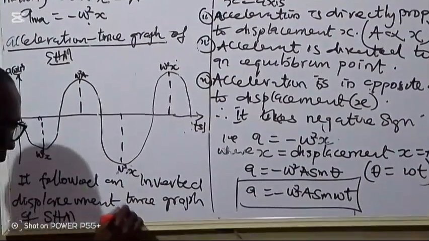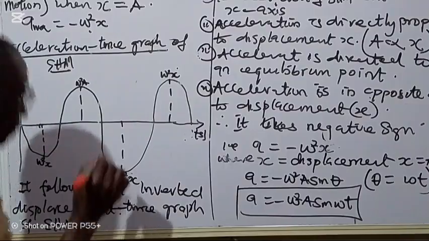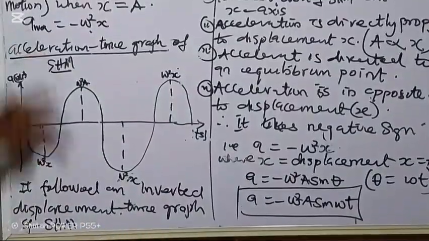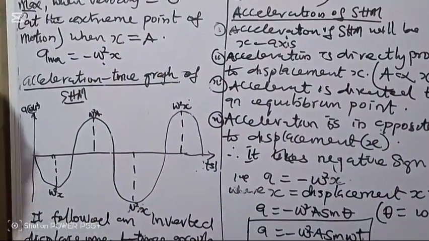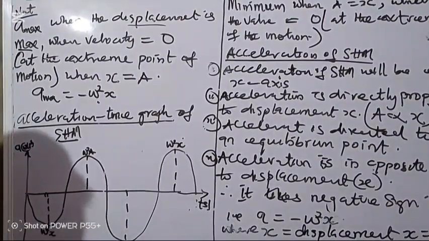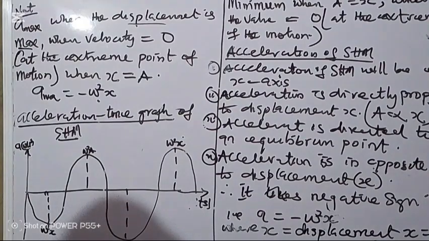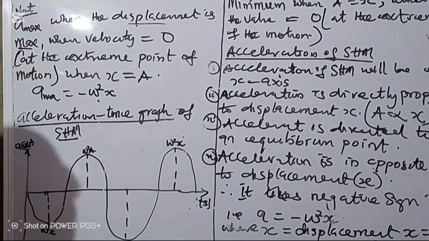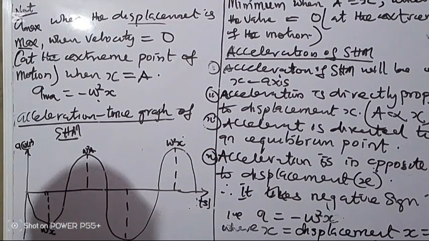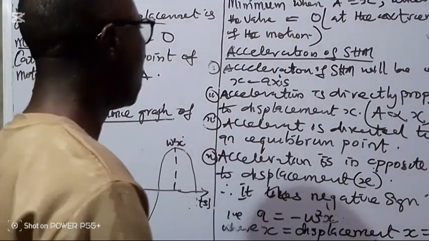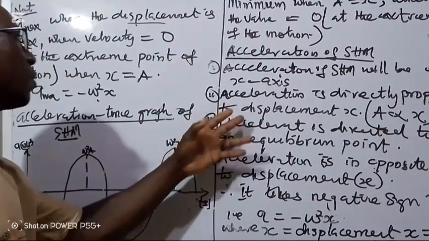Please note, we are going to stop for today. In our next video, all the formulas we derived under this lesson, we are going to apply them in solving some questions under simple harmonic motion, and that will be the general formula for simple harmonic motion.